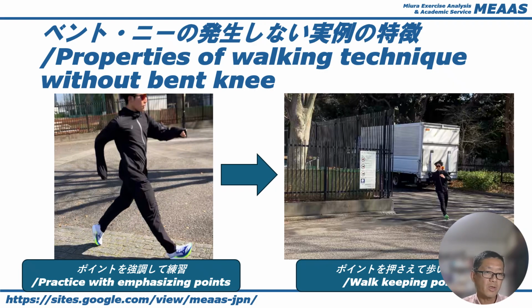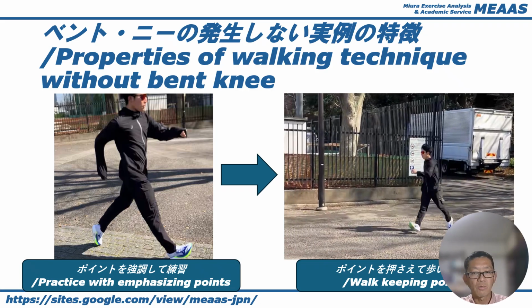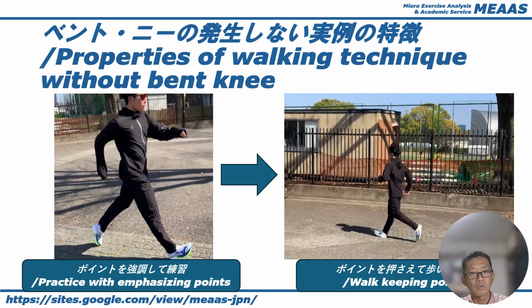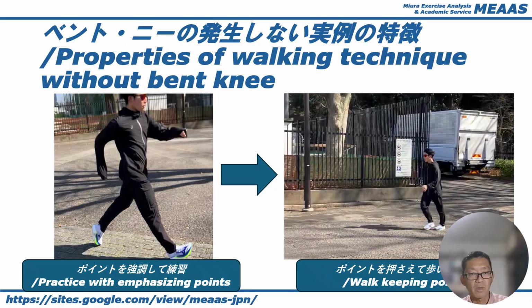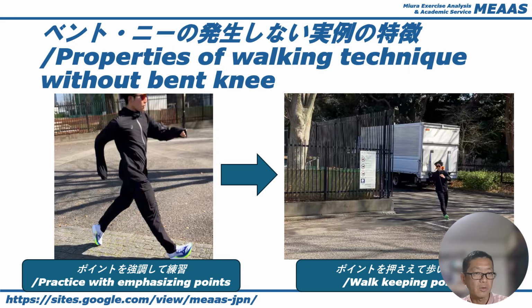Gradually making the rotation smaller, finally he walked with a large forward swing of the right leg and with a loss of contact. I think the core technique of correct technique is the same. Preventing bent knee and preventing loss of contact are both the same technique.